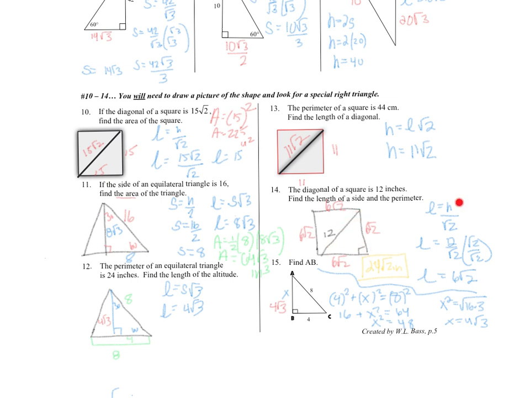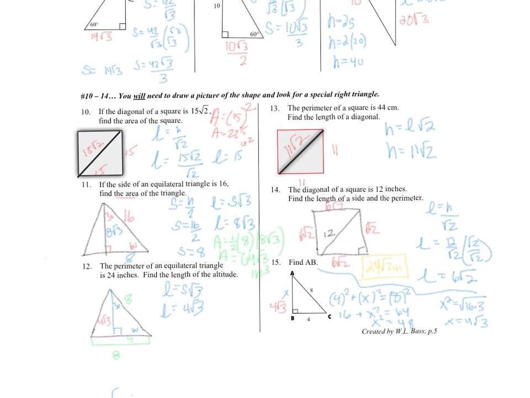So I'm going to take the hypotenuse and divide by the square root of 2. So that is 12 divided by the square root of 2. I will then have to rationalize the denominator, and that's going to give me 6 times the square root of 2. So that is the length of a side. I then need to do the perimeter, and so all I do is add up. I've got 6, 12, 18, 24 times the square root of 2 inches for the perimeter.